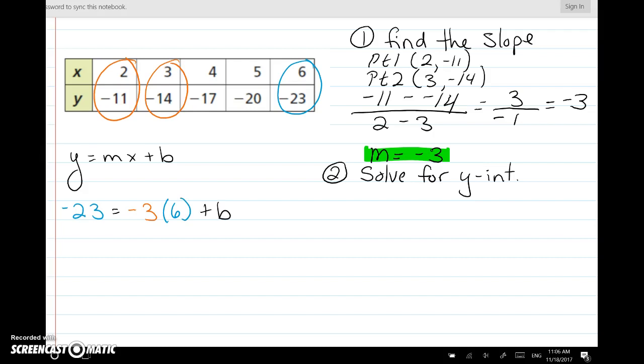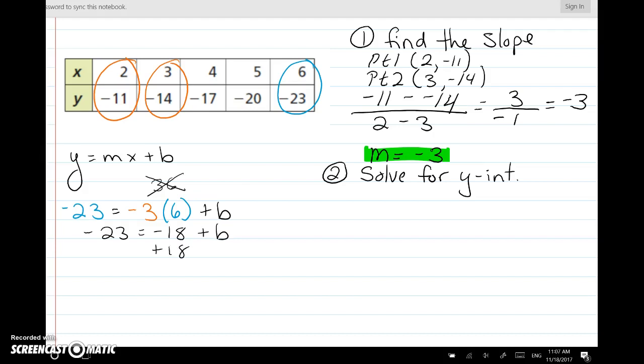plus b. Now I suggest you put that x coordinate in a parenthesis because otherwise this would look like 36 and then you get the problem wrong and we don't want that. So remember, put that x coordinate in a parenthesis. Let's go ahead and solve for b. -23 equals -18 plus b.